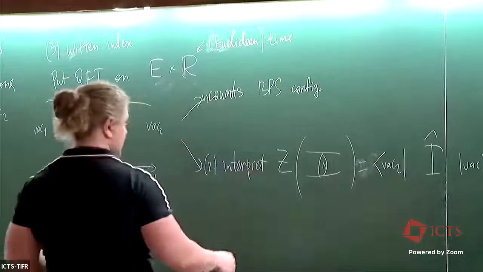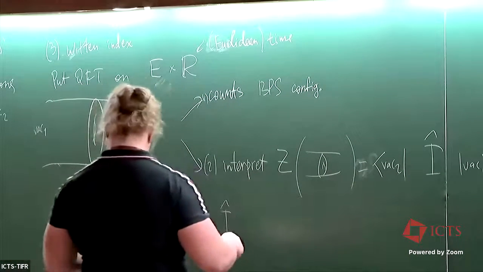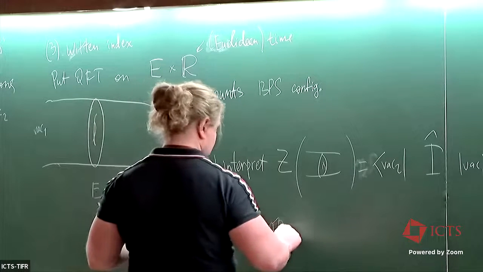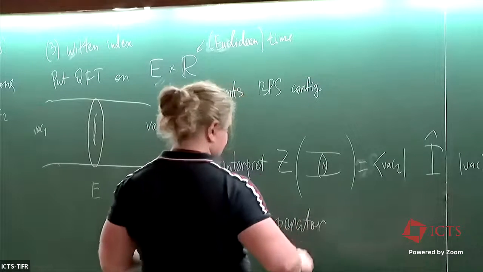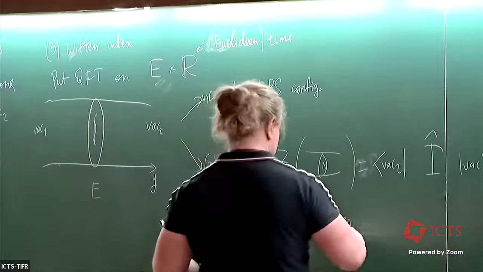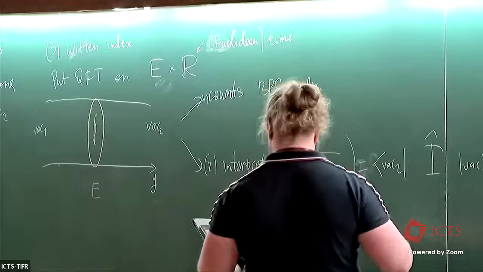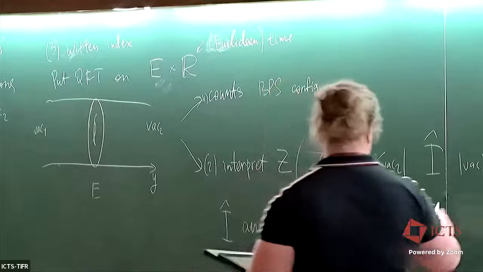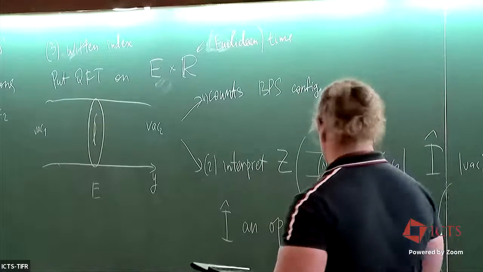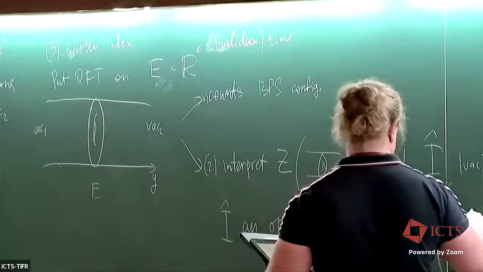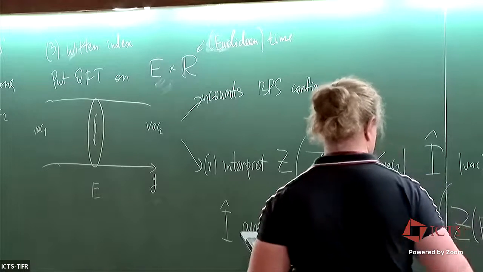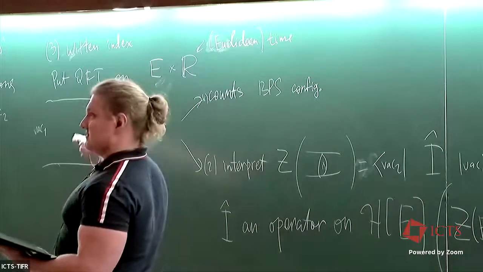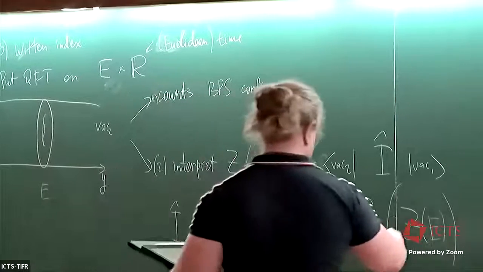When I view it this way, I think of the interface as an actual operator acting on the Hilbert space of the theory attached to this elliptic curve. Using the notation from Tudor's talk, I would still call this Z of E, because that's what your quantum field theory attaches to the surface, the space of states.